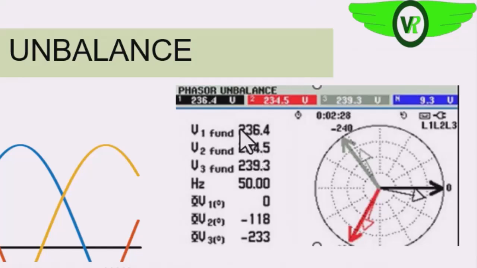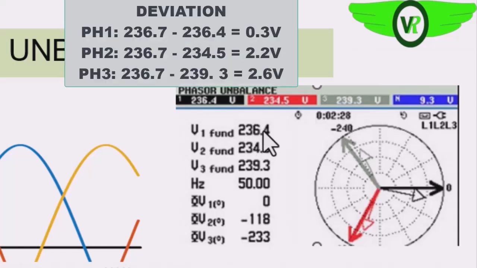So we'll now look at the difference between each of these phases and the average. Okay, so if we look at the difference, we'll see that on phase 1, we have 0.3 volts. Phase 2, we have 2.2 volts, and phase 3, we have 2.6 volts.